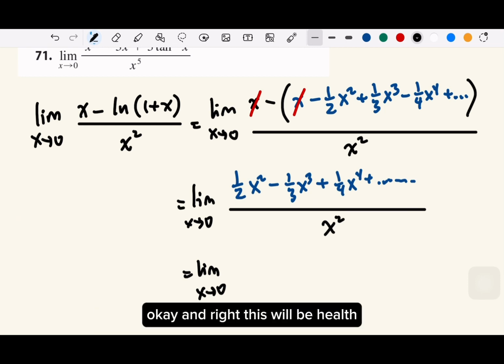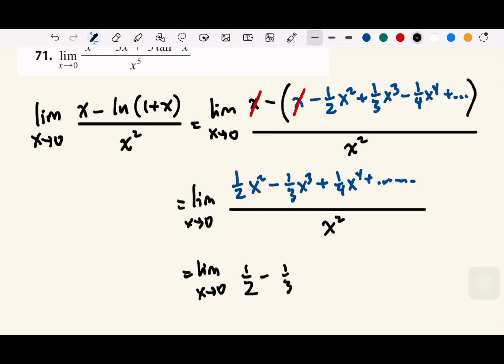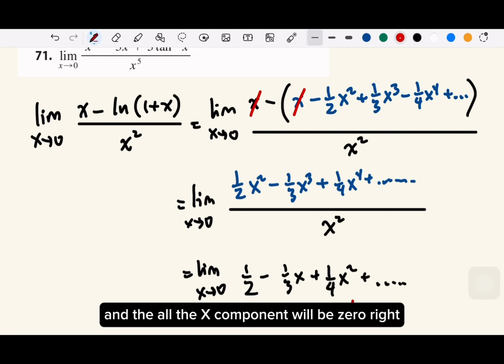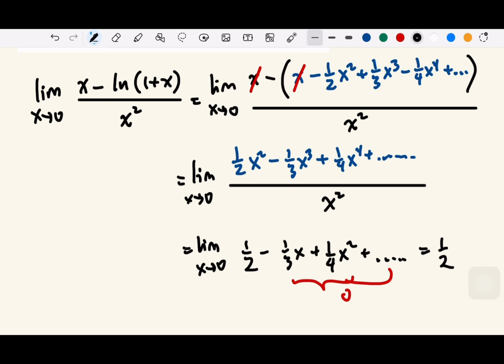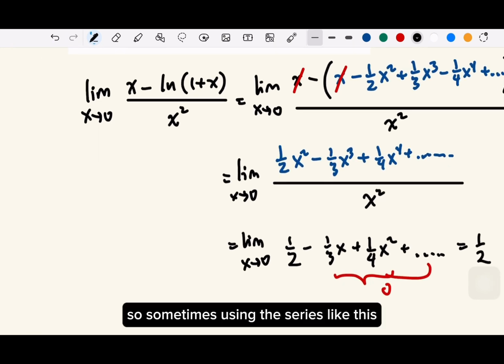So this will be a half, and all the x components will be 0, right? Because the limit is x approaching 0. So sometimes using the series like this, maybe you can solve a limit quickly, but sometimes maybe not so fast. So you need to decide how to solve the limit.